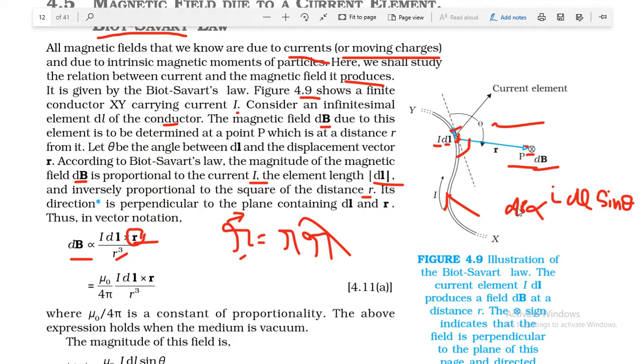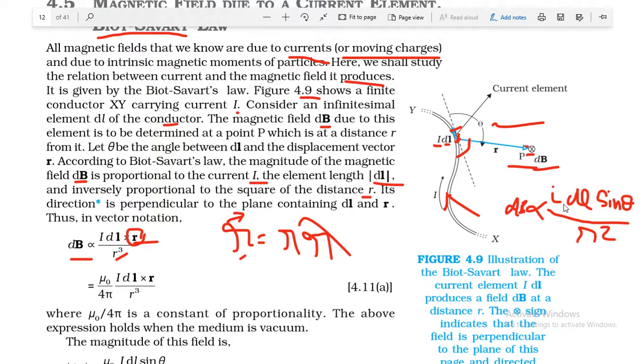So you can write dB is proportional to I dl sine theta, and it is again proportional to 1 by r square, where r is the distance between element dl and the point P. So you can write here r square.